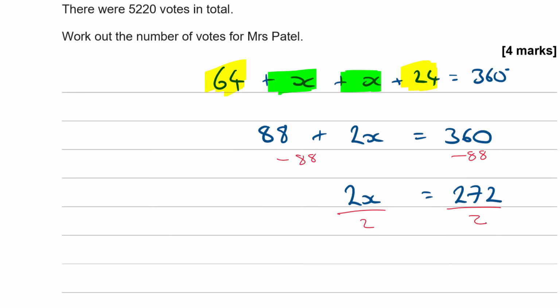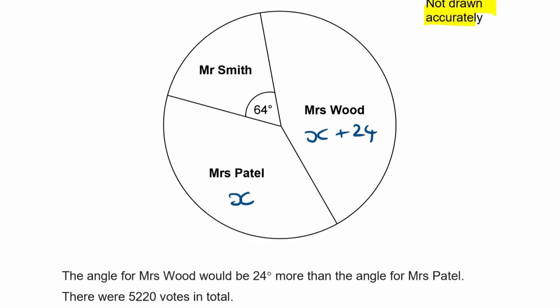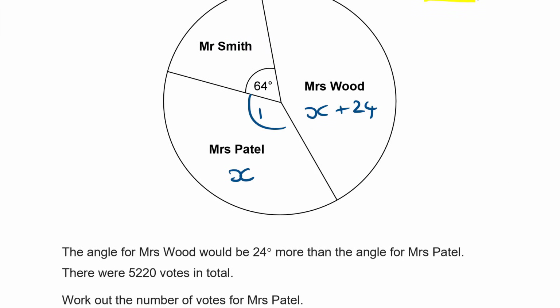Divide by 2, divide by 2. So then x is going to be 272 divided by 2, 136. That means that angle there is 136 degrees, and then Mrs. Wood's is going to be 24 more than that. 136, 140, 160 then, isn't it? Hers is 160 degrees.